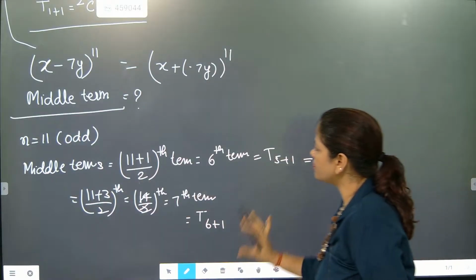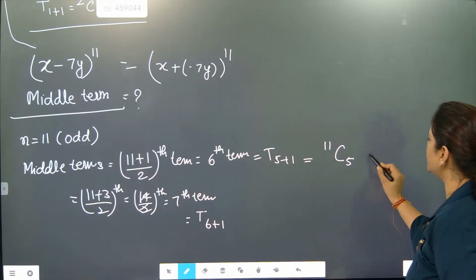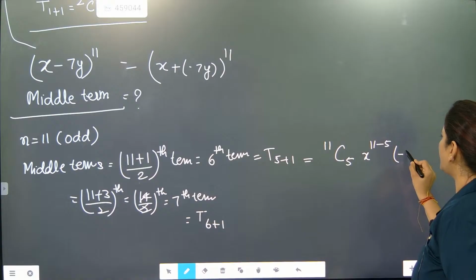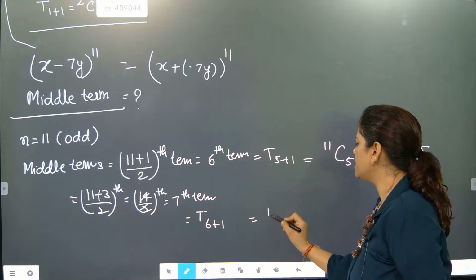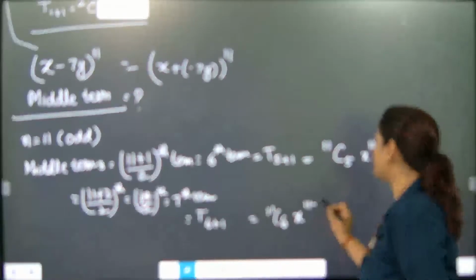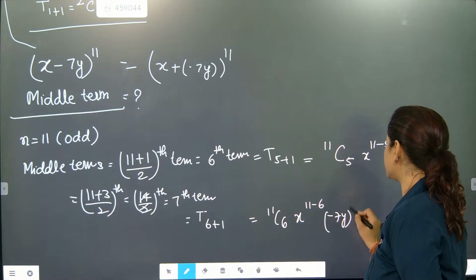See, once you get the middle term, after that you go with the general rule. Don't change here and there, otherwise confusion will come. 11C5 x to the power 11 minus 5, minus 7y to the power 5. And here it will become 11C6 x to the power 11 minus 6 and minus 7y to the power 6. That's it.